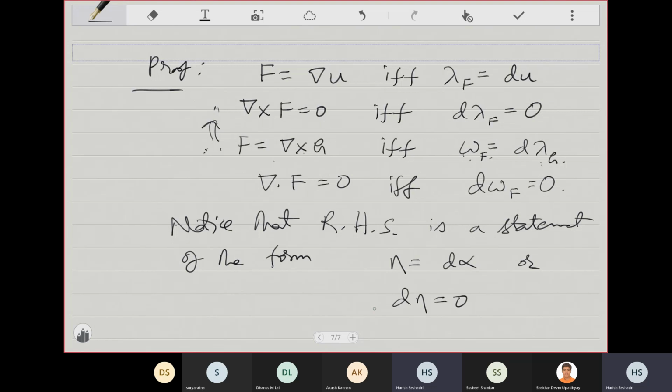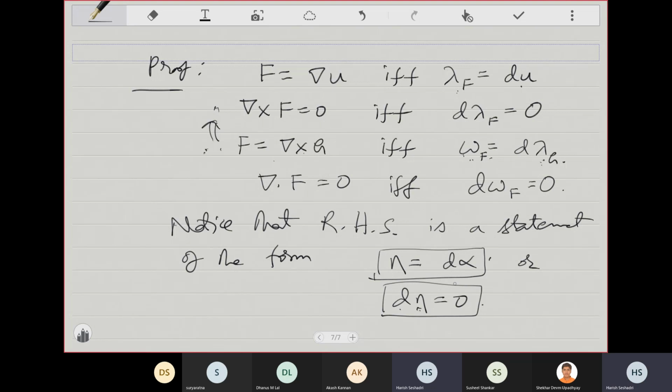Every one of them is of this type. We are saying that some form is d of some other form. That is one kind of statement. The other statement is d of a given form is 0. In the first case, I'm saying lambda F is d of U. So it's of this type. The second statement is d lambda F is 0. That's of this type. Omega is d of something. It's of this type. d omega F is 0 is of this type.